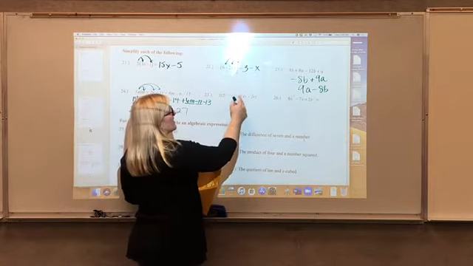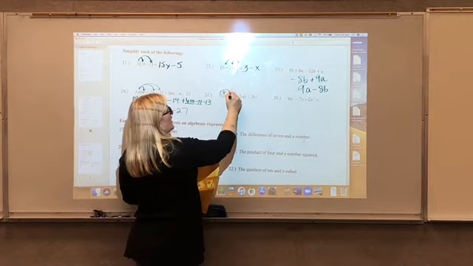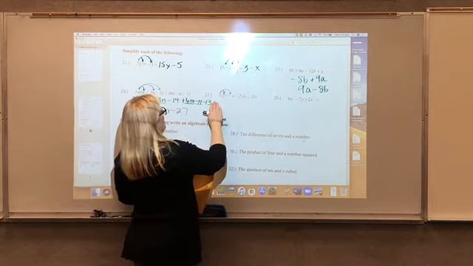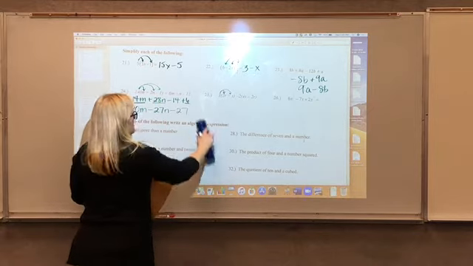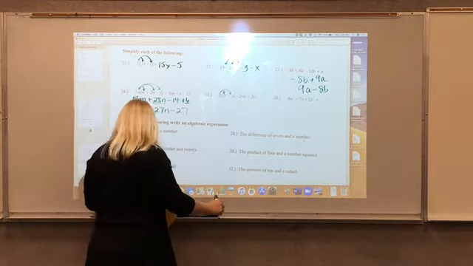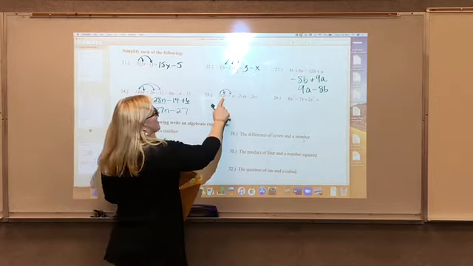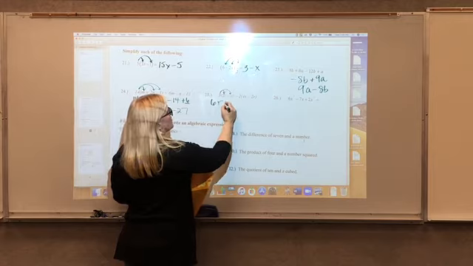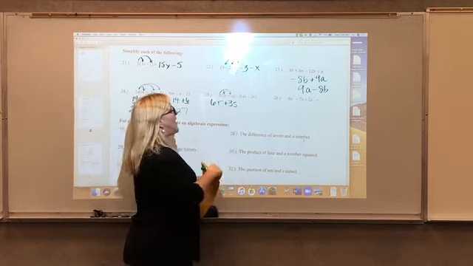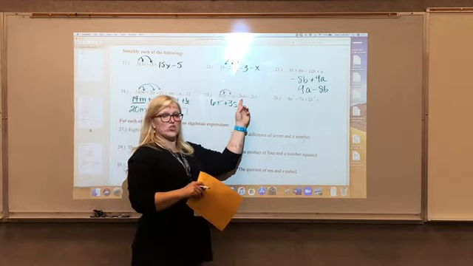I've got 2 that I can distribute here. Okay, I'm going to erase this so we can have a little bit of space here. 3 times 2r is 6r. 3 times s is 3s. And now we're distributing a -2.